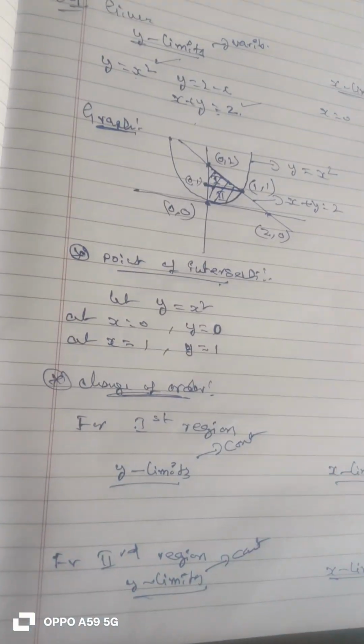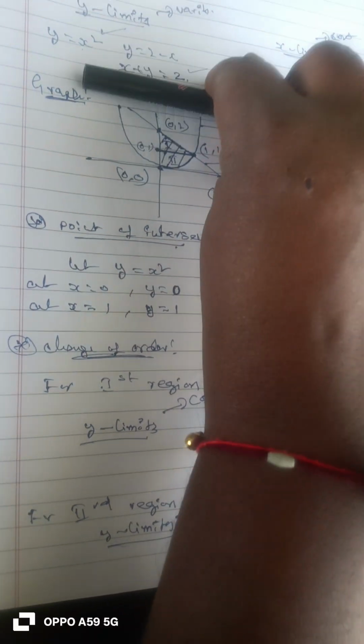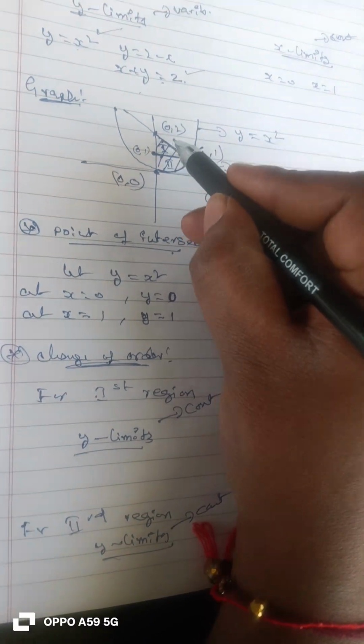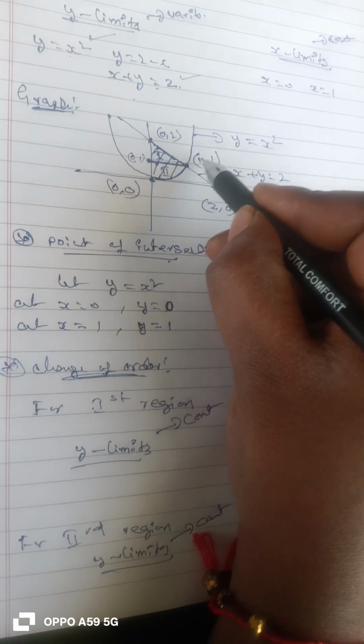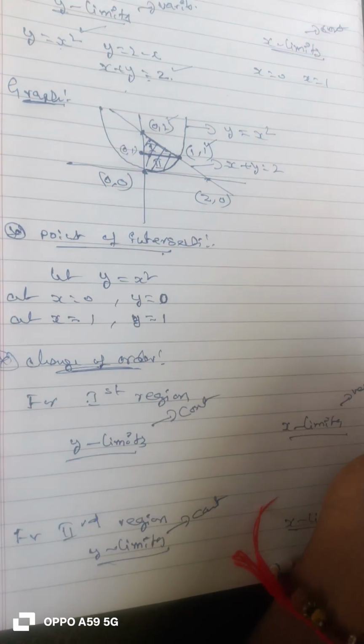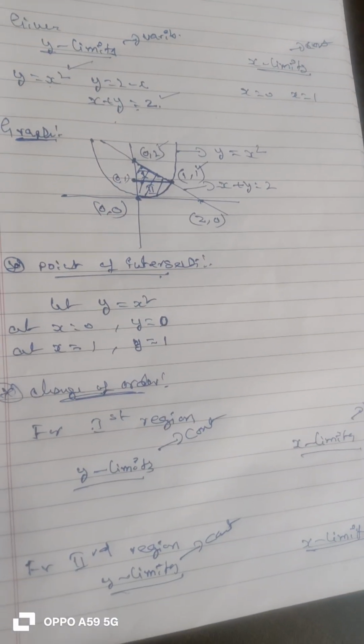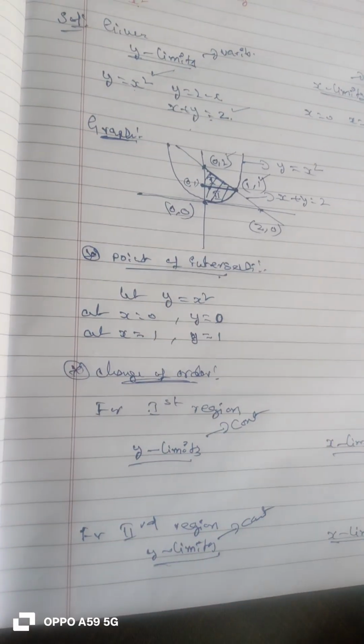Now if you observe the y axis, this is the first region for me. Please observe only the first region. Y is varying from 1 to 2.